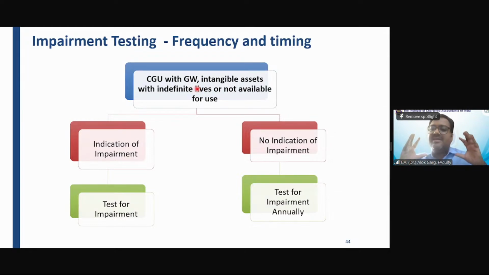So अगर कैश जनरेटिंग यूनिट में गुडविल है या फिर इंटेंजिबल एसेट है कौन सा, whose life is indefinite or which is not yet available for use, right? In that case, even if there is no indication of impairment, you have to do the impairment test annually. But if there is an indicator of impairment on such assets, you have to be more frequent. You have to test for impairment even more than once in a year. Correct? This is what this standard talks about.